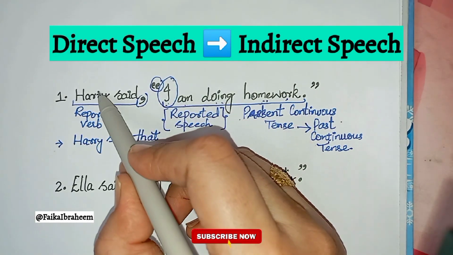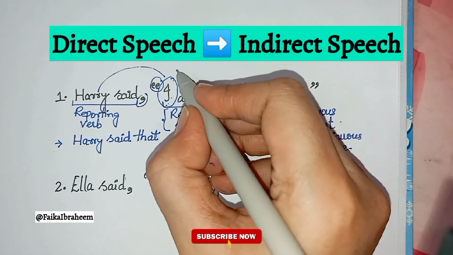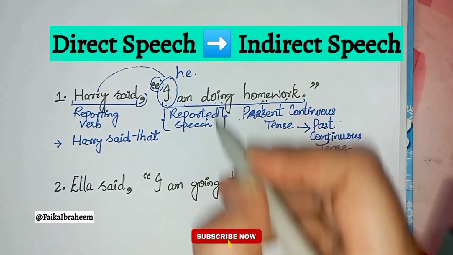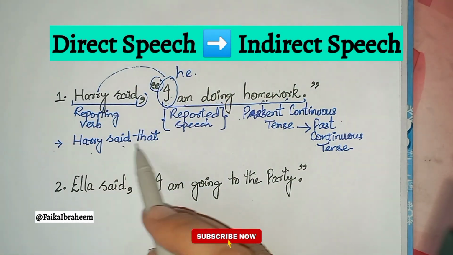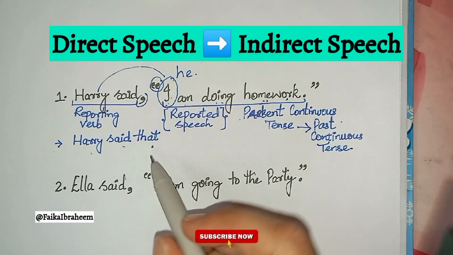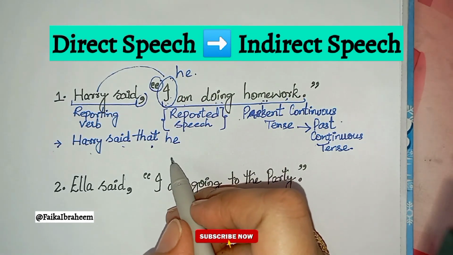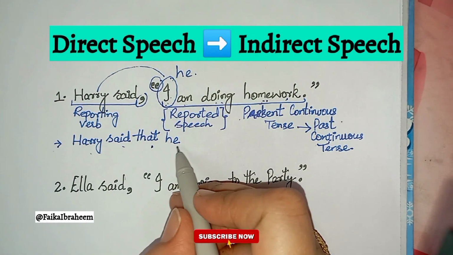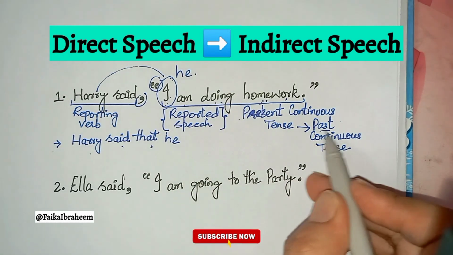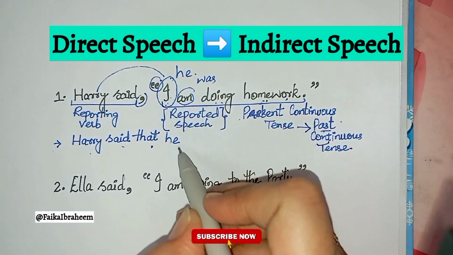So I is Harry. Harry is he. So we will write he here. As I said, present continuous changes into past continuous.